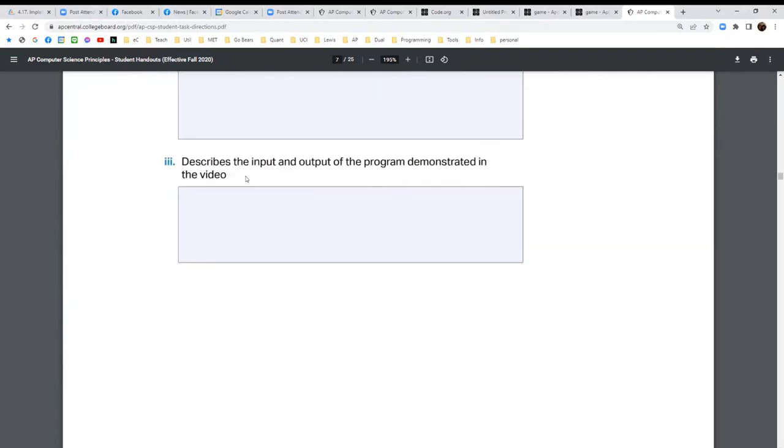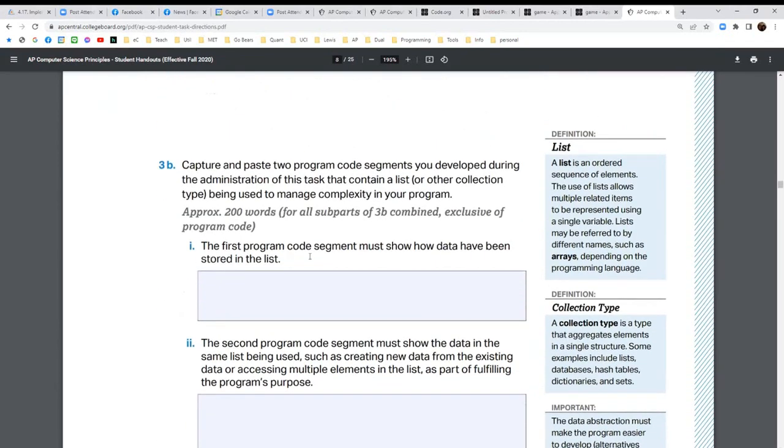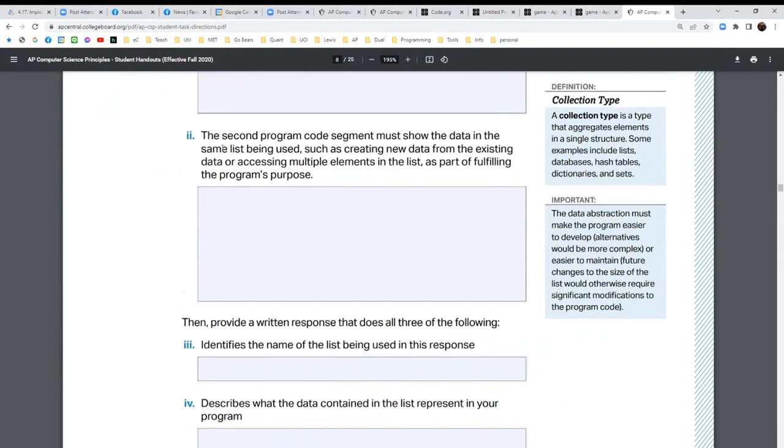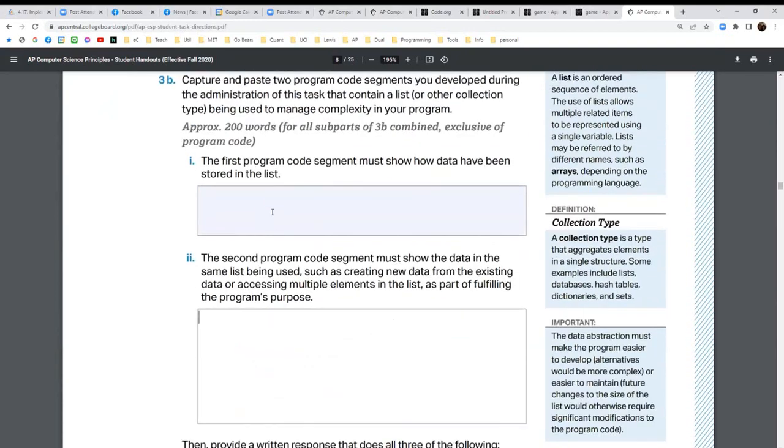So you also need to create a video, describe the input-output of the program demonstrated in the video. Okay, here, the first program code segment must show the data has been stored in the list. So you need to create a list. Okay, the second program segment must show that data in the same list being used, creating data from existing data, processing, whatever. So you need to write your code according to the requirement here.